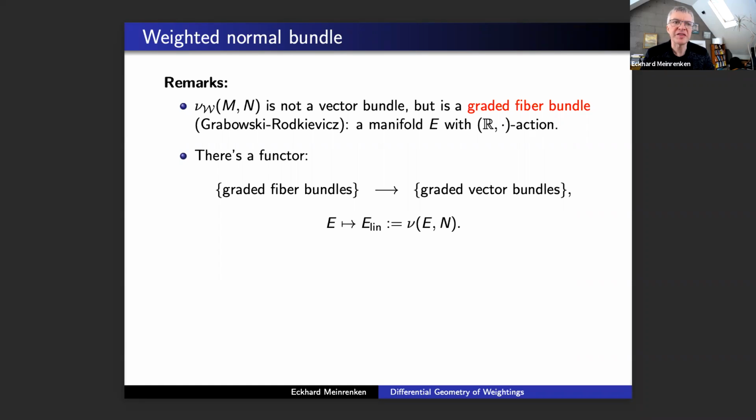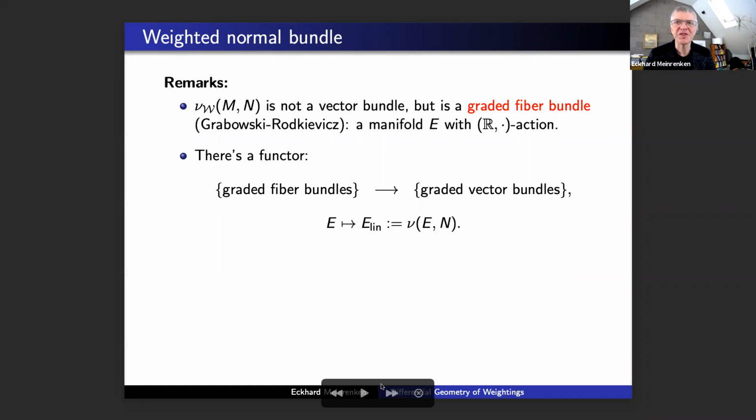And this linearization functor is simply the normal bundle functor. Given such a graded fiber bundle, you can take its normal bundle relative to the zero section. That's a vector bundle like any normal bundle. And the original action of the monoid now linearizes to an action of the monoid that's compatible with the vector bundle structure. So this becomes a graded vector bundle.